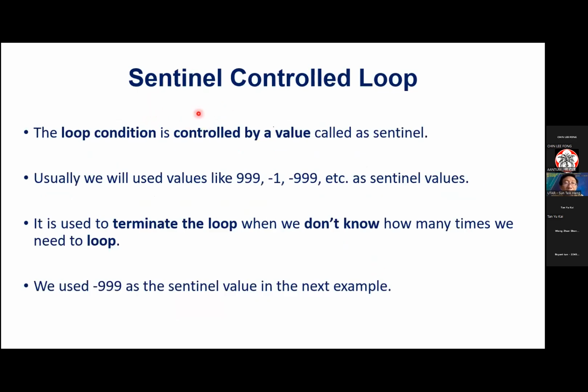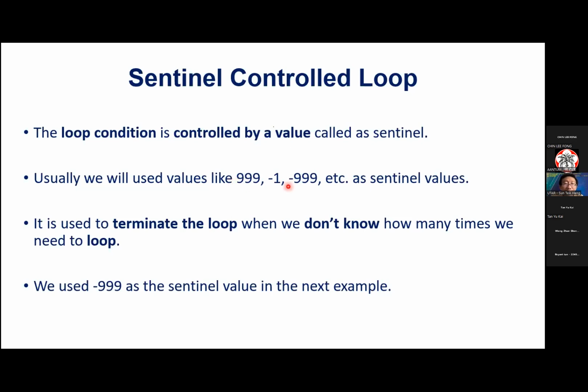The next one we look at is the sentinel control loop. For a sentinel control loop, we make use of a special value, such as, for example, 999, minus 1, or minus 999. This type of special value is known as a sentinel value.